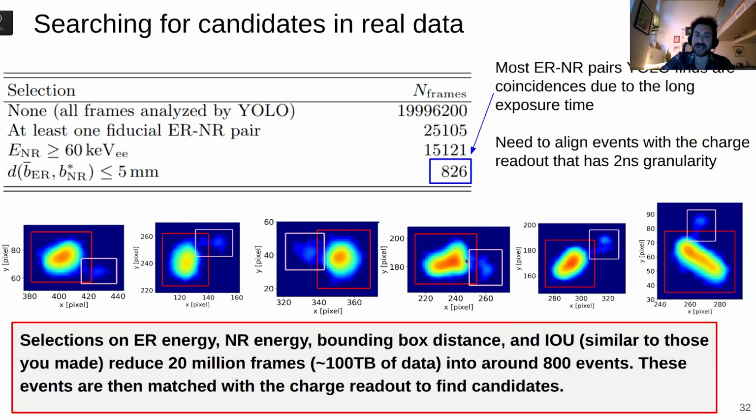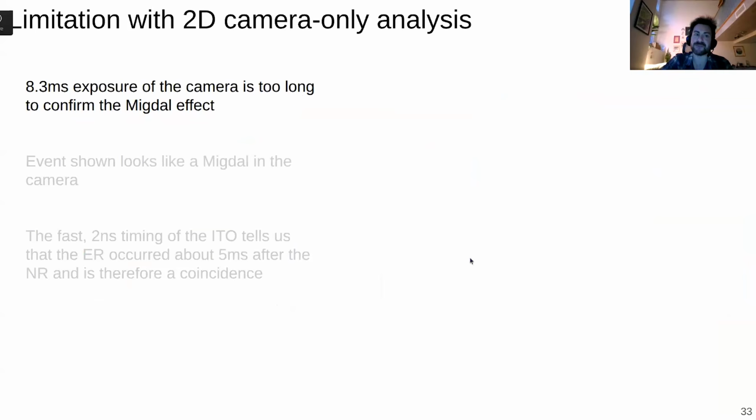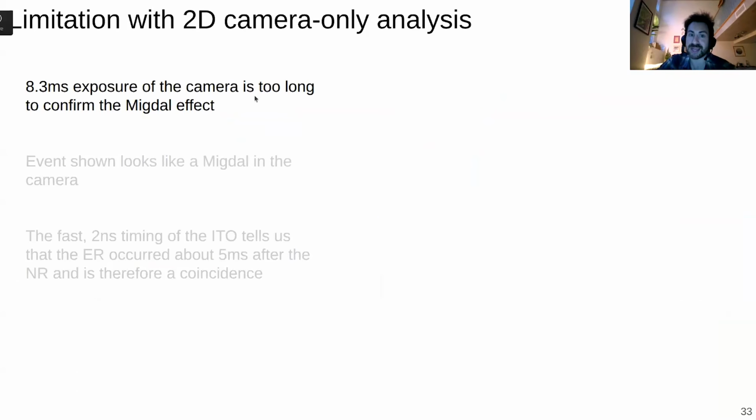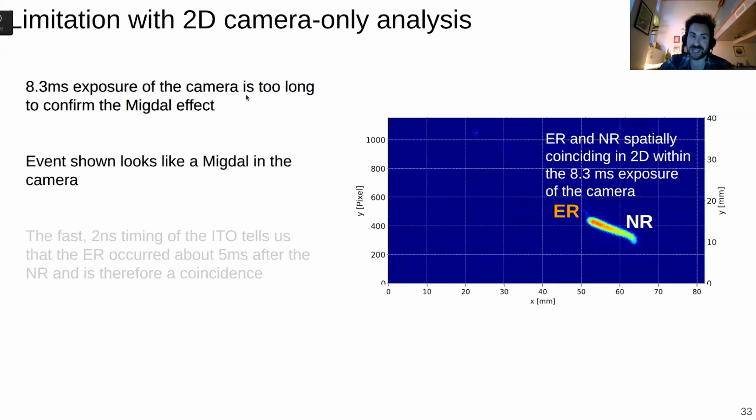Any events that align between both your camera and your strip readout, those are good Migdal effect candidates. There is a limitation with a 2D camera only analysis, and the limitation in our experiment is the exposure time of the camera. If you have a faster camera, you could do exactly what we did here, and that would be enough to say that these are likely the Migdal effect. But with a slow camera like ours, you can't do that with just the camera.